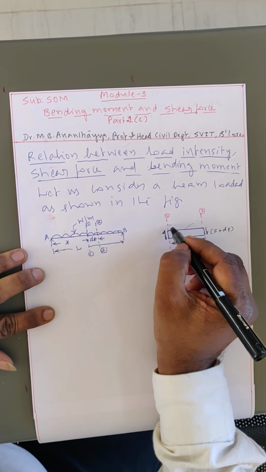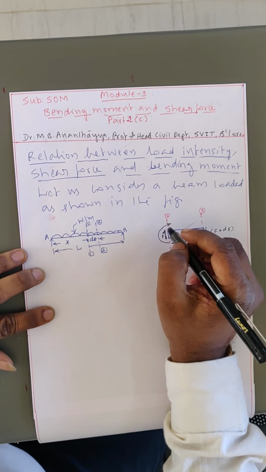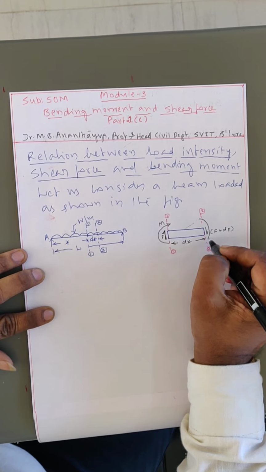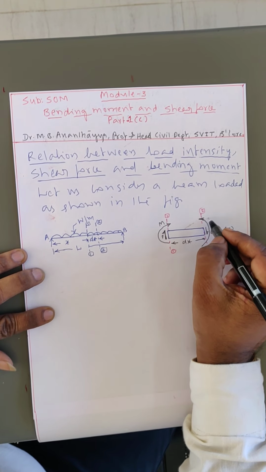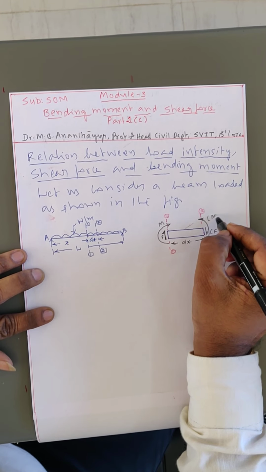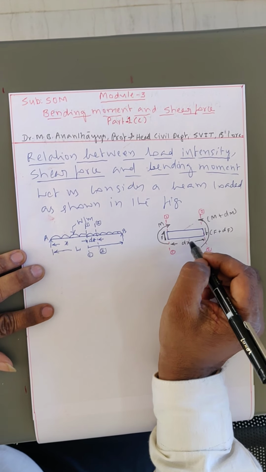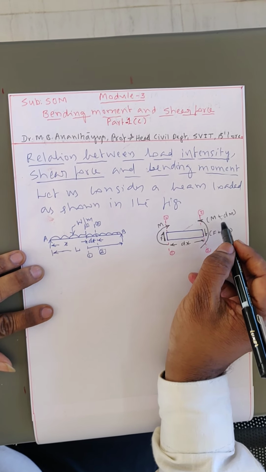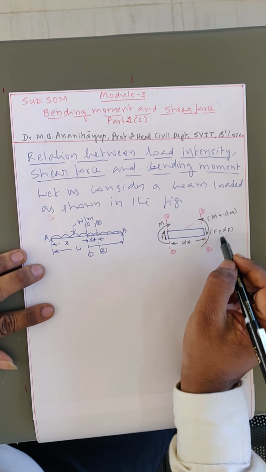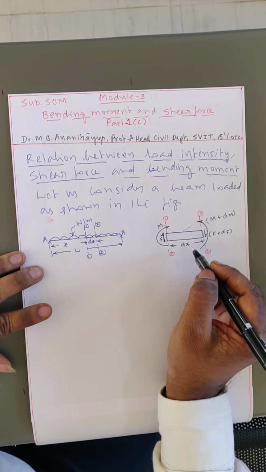Similarly, the moment at section 1 is M, and at section 2 it is acting in the anti-clockwise direction, at a distance of dx a little more. It is M plus dM. Moment M after a small distance becomes M plus dM, and shear force F after a certain distance becomes F plus dF. The distance is dx.